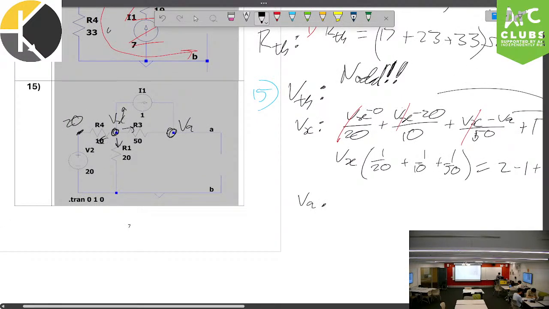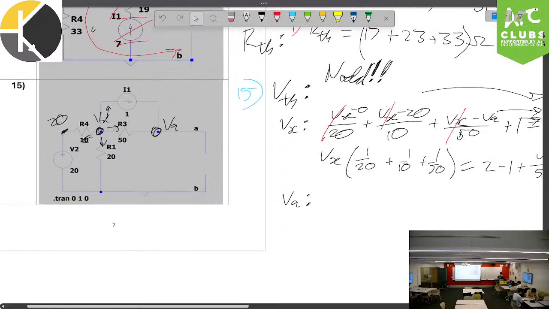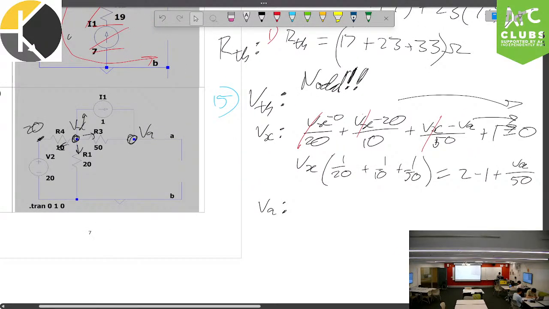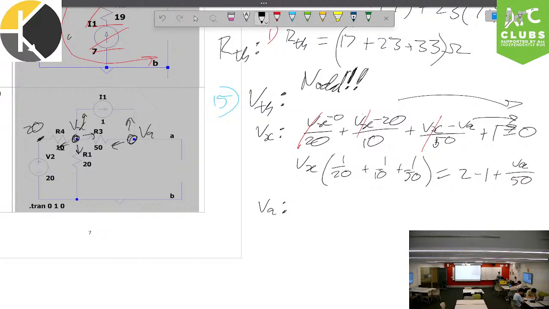Second node, VA. Let's think about this. VA, I just have consideration of these two, right? In fact, this is just 1 amp going in, so I can say the nodal equation is at VA.